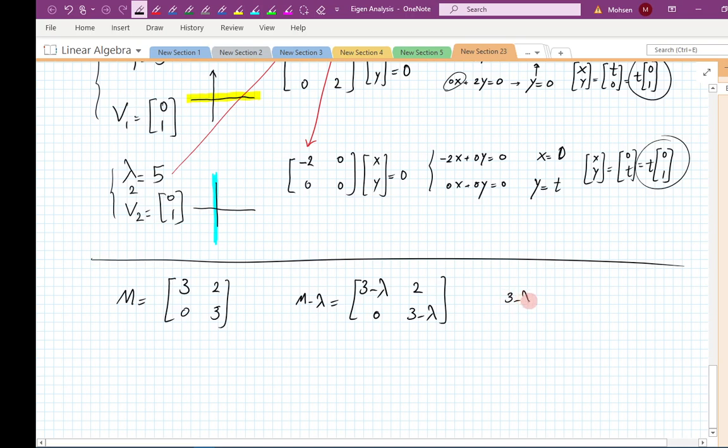Determinant of this: 3 minus lambda times 3 minus lambda minus 2 times 0 is equal to 0. Again, this is just 0. That makes our life easier. And we don't bother to multiply, because if you multiply, then you have to factor, and that's going to be silly. So lambda 1 is equal to 3, and lambda 2 is equal to 3.